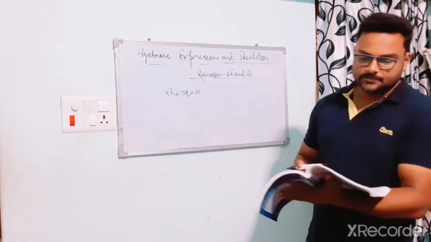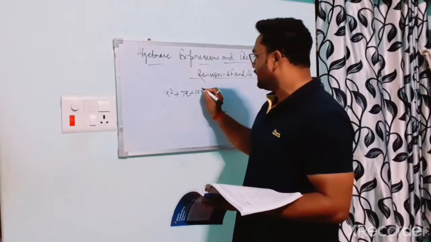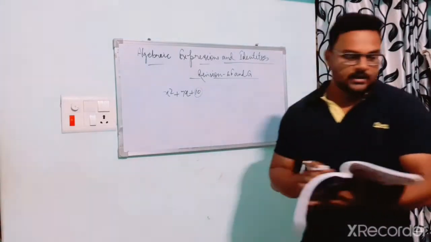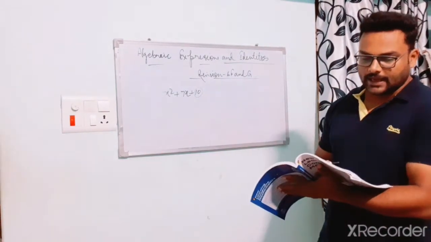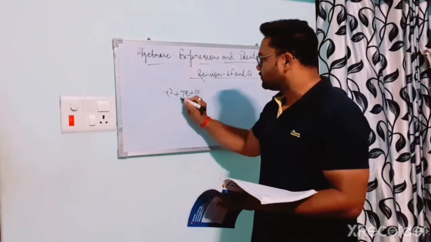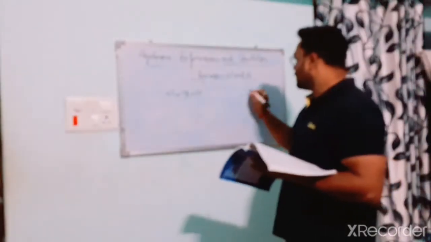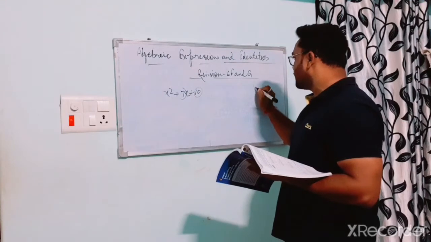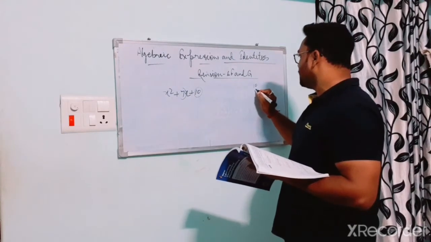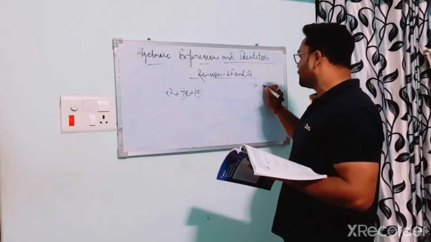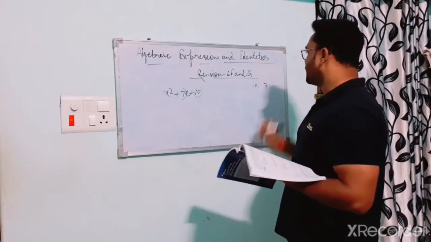see what we have to do. We have to find the factors of 10 whose sum should be equal to the middle term coefficient, 7.